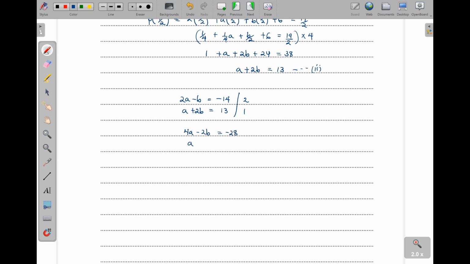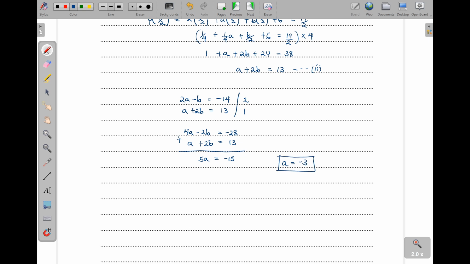And then this one is A plus 2B is equal to 13. So here I can just add these ones such that the B disappears because you can see that the signs are different. So we can get 5A, which is equal to negative 28 plus 13. That one is going to give us negative 15, okay? So negative 15 here. Then when we divide all through by 5, A becomes negative 3.